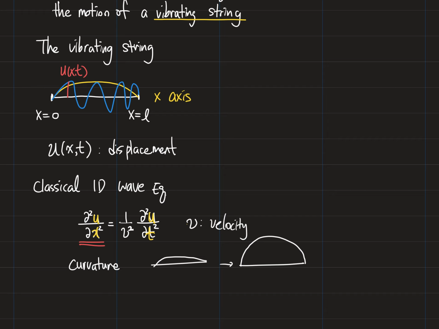And the term on the right represents the vertical acceleration of that same point on the string. This is the second derivative of the displacement with respect to the time, so you can expect that this represents the acceleration.